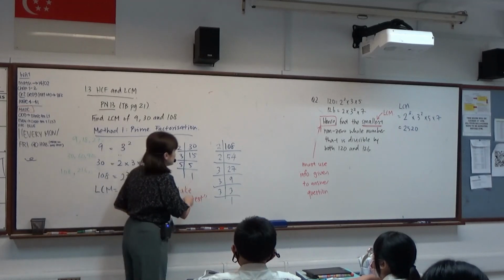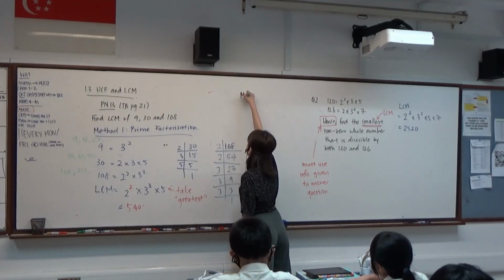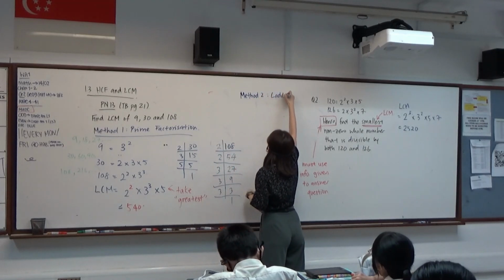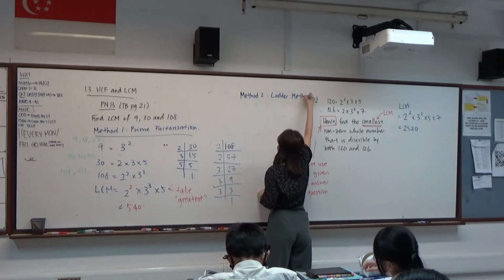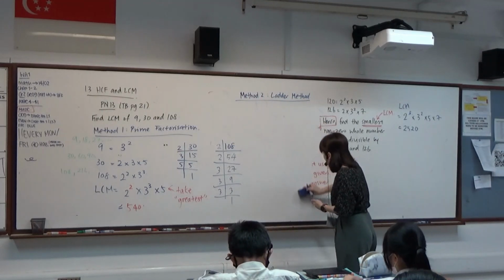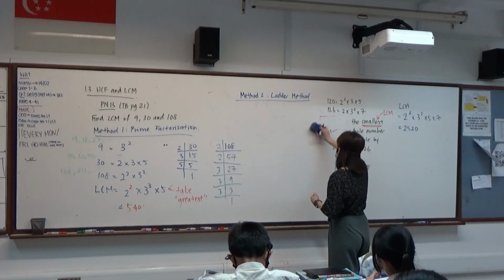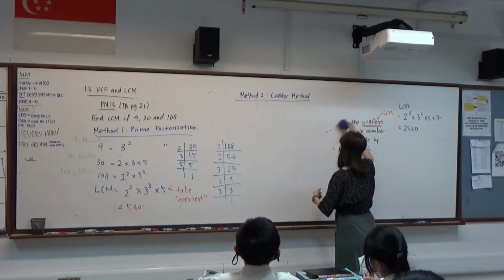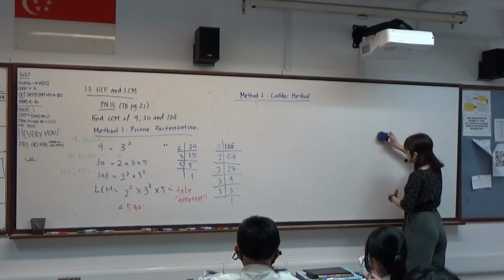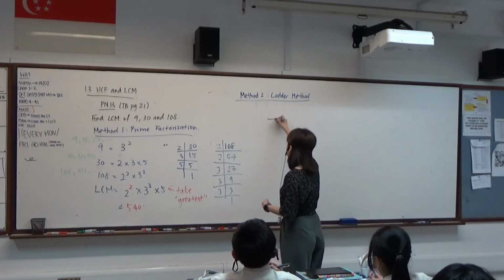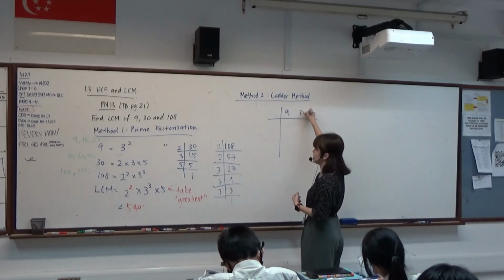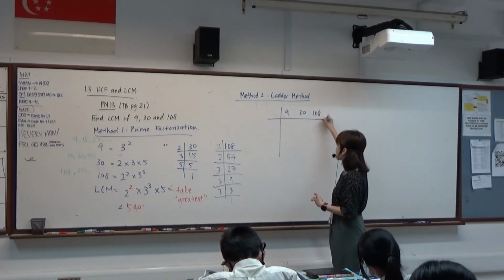So let's look at the ladder method, method 2. The ladder method is a little bit trickier when it comes to 3 numbers. You need to remember how it actually works. Somewhat similar to the highest common factor, I also place the 3 numbers on this side of the ladder.